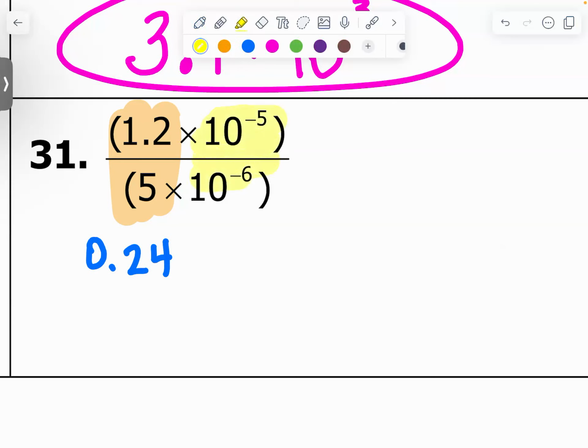Then, what are we gonna do with negative 5 and negative 6? Negative 5 minus negative 6. Good, Tony. It is 1. 0.24 times 10 to the 1. Now, is this an appropriate scientific notation? It is not appropriate. So, Emma, what do we have to do?